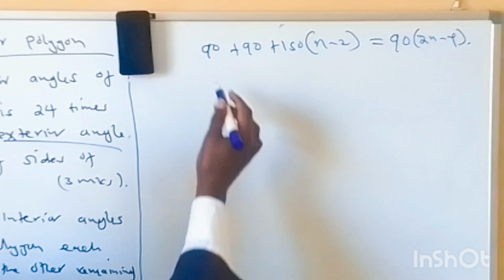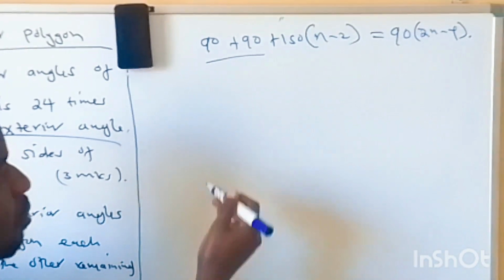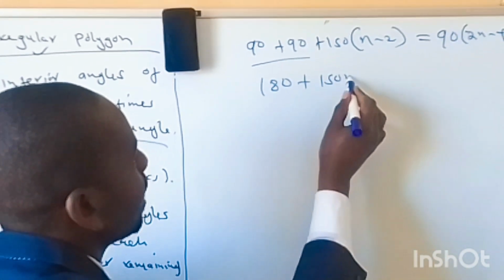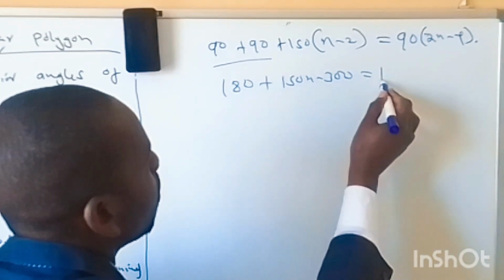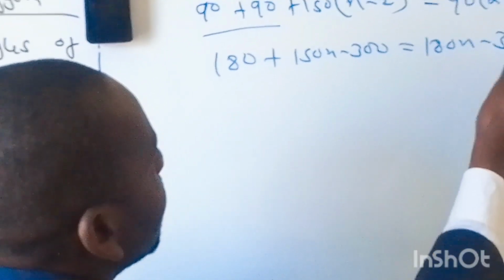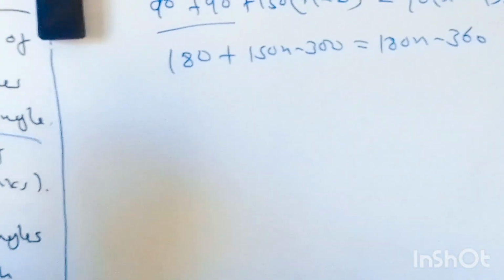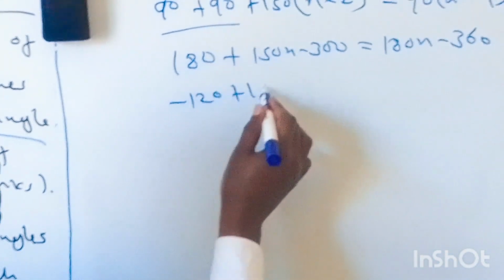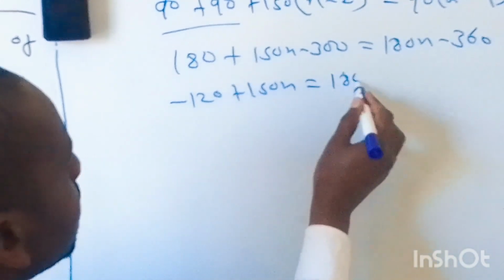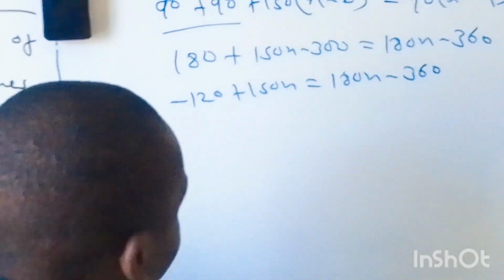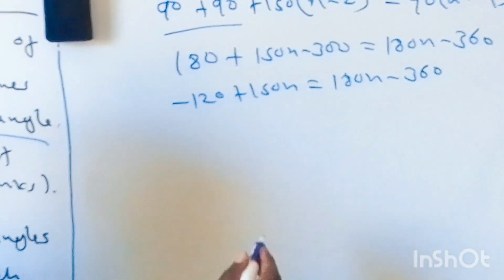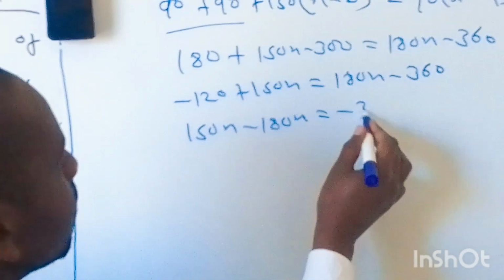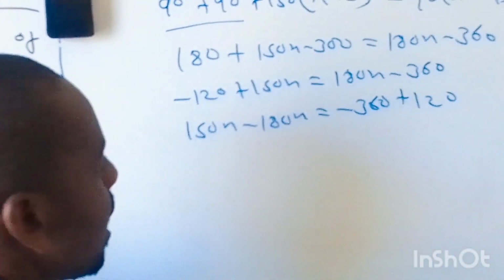So after forming that, you can just solve and get the value of n, which is the number of sides. So that becomes 180 plus, open up the bracket, 150n minus 300 is equal to 180n minus 360. So let's collect the like terms. 180 minus 300, we get negative 120, plus 150n is equal to 180n minus 360. So let's collect the like terms. 150n minus 180n is equal to negative 360 plus 120.